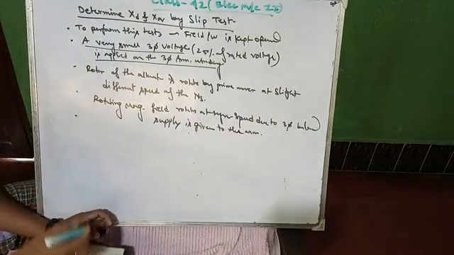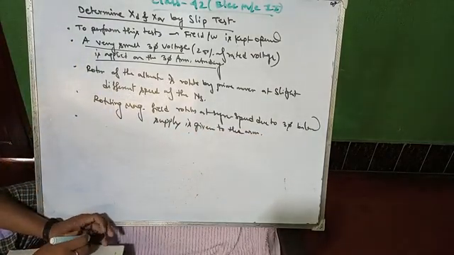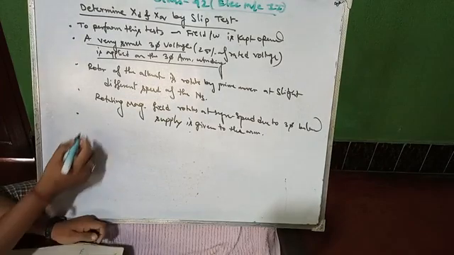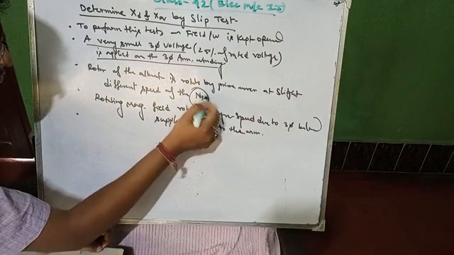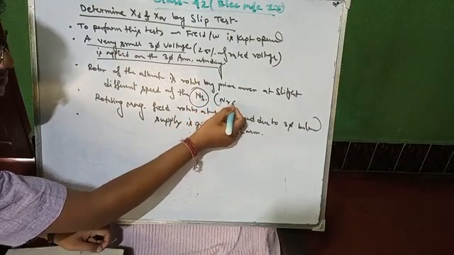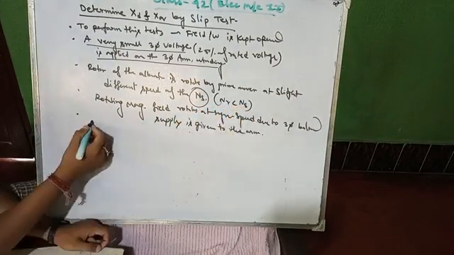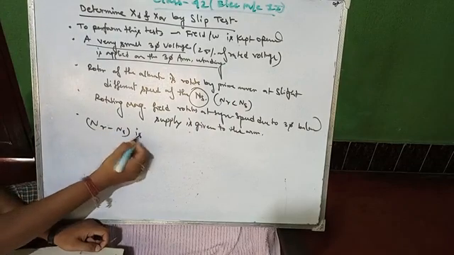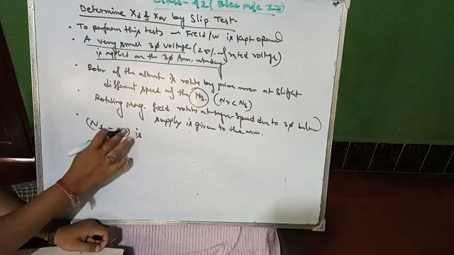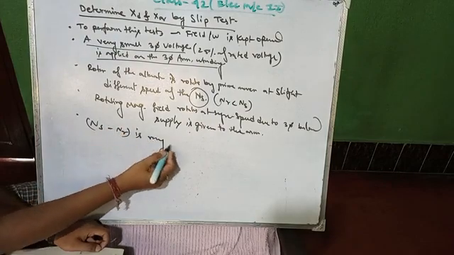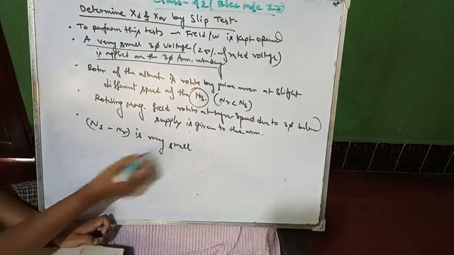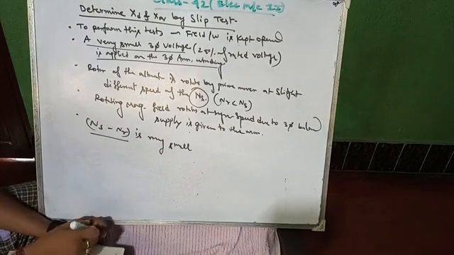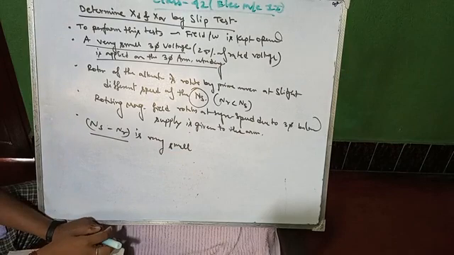Next point, since the relative speed between the rotating field and the open circuit field winding is very small, so this speed Nr is slightly less than Ns. And since Ns minus Nr is very small, a very small EMF is induced.